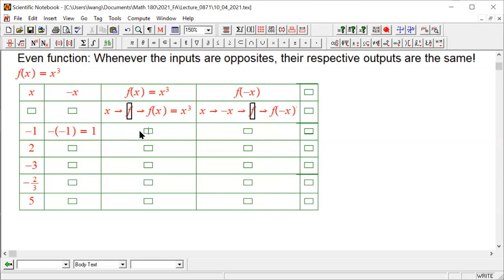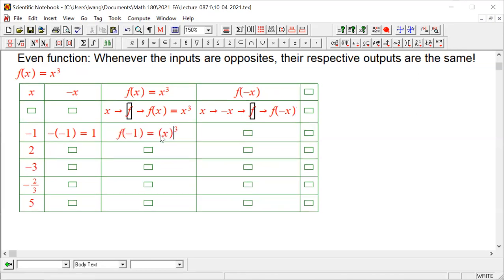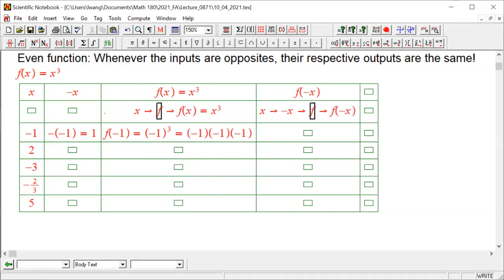For this function particularly, f of x equals x to the power 3, when the input is -1, -1 raised to the power 3 is -1 times itself 3 times, which equals -1.